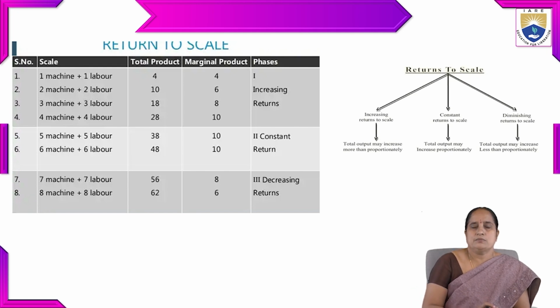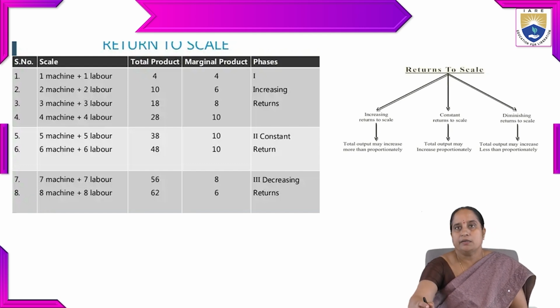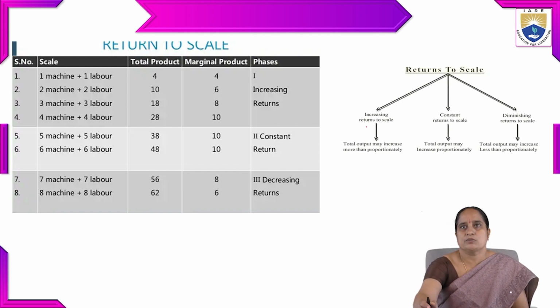So, if you observe the long run production function, it is categorized into three types: increasing returns to scale, constant returns to scale, diminishing returns to scale.